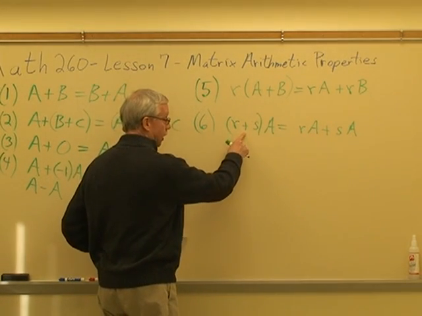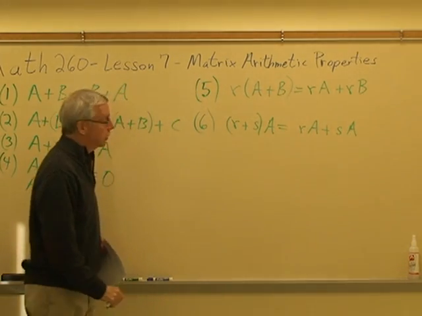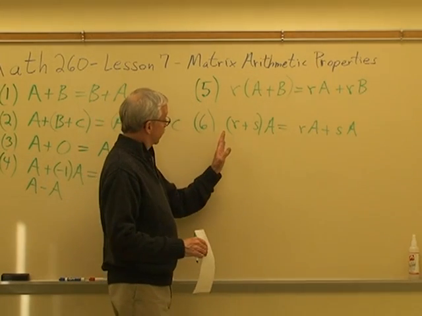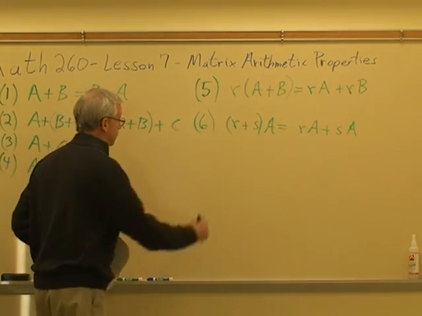So here the addition is real number addition, and here the addition is matrix addition, but I get the same answer either way. This says that scalar multiplication distributes over scalar addition.